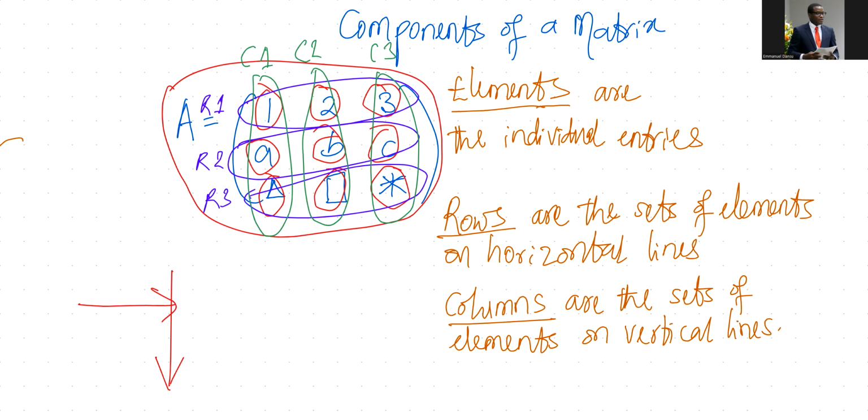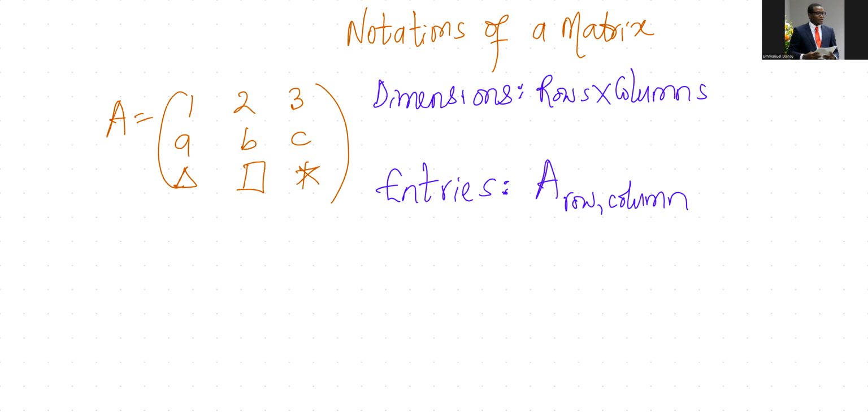So from that, we go to the next thing, which is about the notations of a matrix. The notations of a matrix can be considered in two forms. Talk about the dimensions. The dimensions are simply the rows multiplied by the columns. So you dimension a matrix, it's more like the naming for a matrix. So for instance, what is the dimension of matrix A?